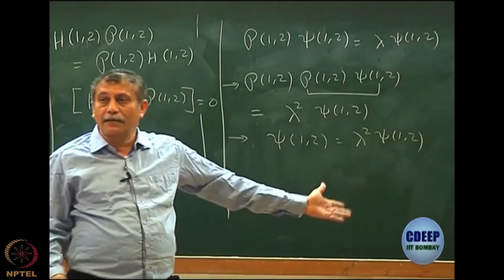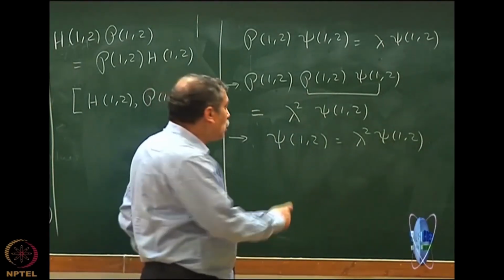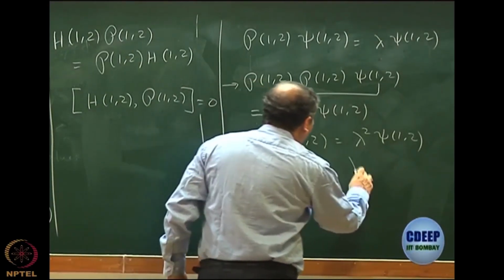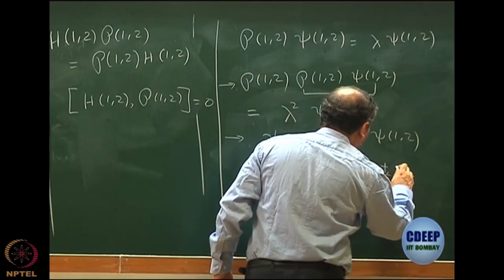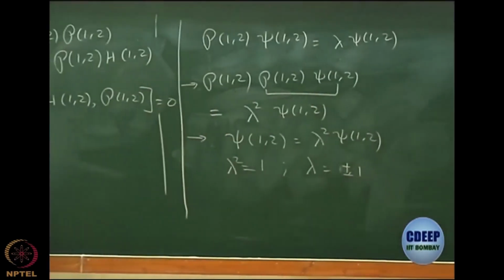And that gives me a handle to get the value of lambda, because now I know that lambda square is equal to 1 and hence lambda is either plus or minus 1.